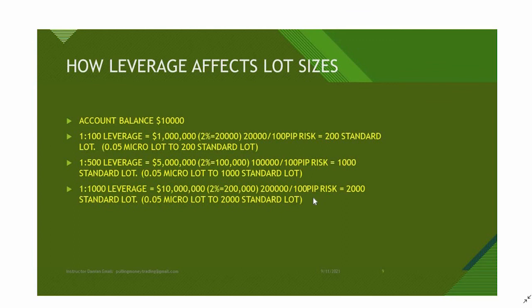So the bigger the lot size, the bigger the risk. Using leverage with a 2% risk is the best way to use leverage, because you would be controlling the risk based on your account size. So this is the best way to utilize leverage.